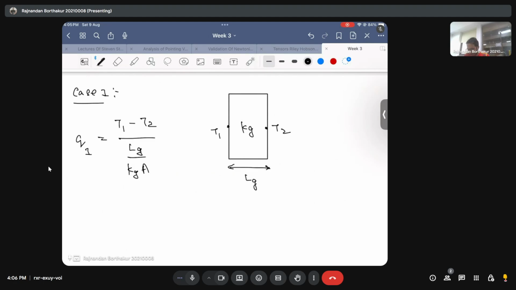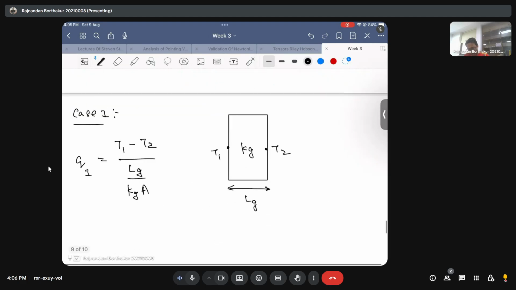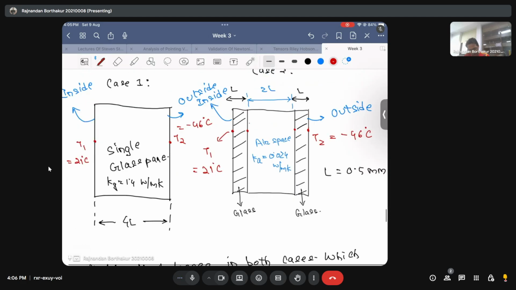Okay, so what you can do is, I'll keep this length as a variable. I will keep this length Lg as 4 times L, where L is the length of one single glass pane of the second scenario.